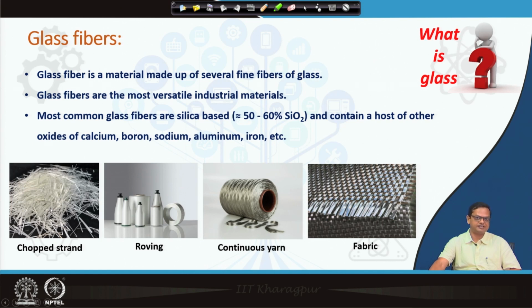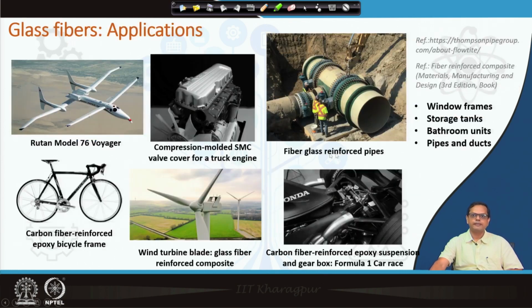These are short fibers, and then rovings, which contain continuous single fibers, and if you take multiple fibers together, that is called yarn, and if the yarns are arranged together, you get the fabric. So, all different kinds of forms of glass fibers are used in different applications. So, what are the applications?